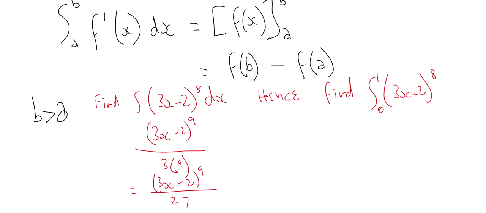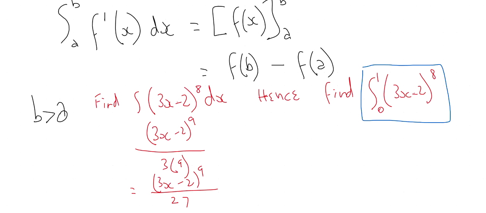Now, I want to find the actual value between 0 and 1. So I'm going to do it in blue just so we can see. The first thing I'm going to do is substitute in 1 for x. Then I'm going to substitute in 0 for x, because those are the two values that we want.